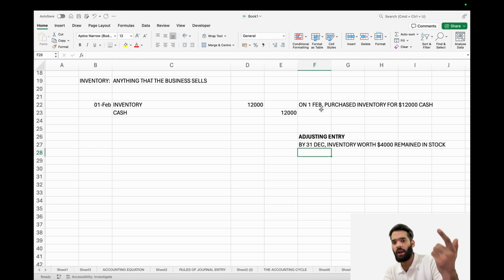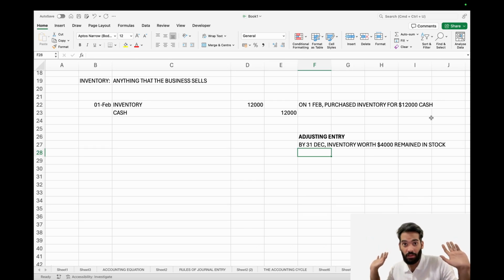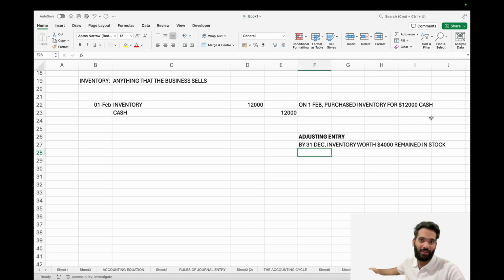So if you buy inventory worth 12,000, right, and inventory only worth 4,000 remained in stock, what happened? Obviously, we lost the other $8,000 value in our inventory. Assuming we did not sell any inventory, assuming that we just bought it, put it into our, let's say, warehouse, and then at the end of the year we counted, and only 4,000 of it was remaining.